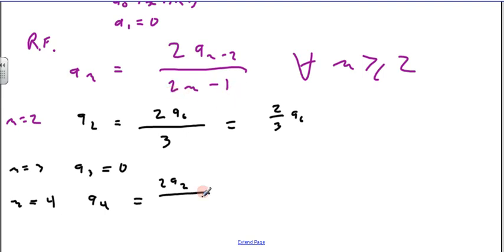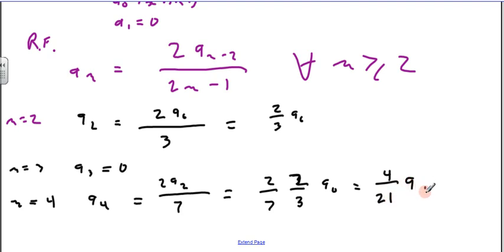I subtract 1, I get a 7. So I've got 2 over 7, times 2 over 3 a0, so I have 4 over 21 a0.